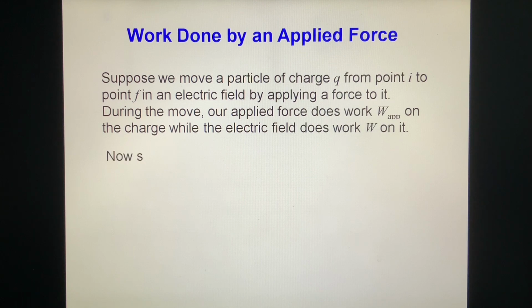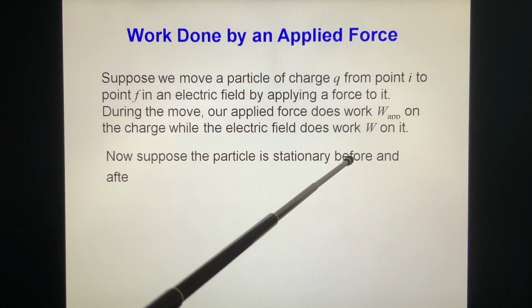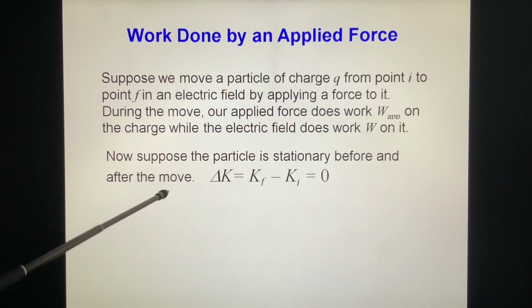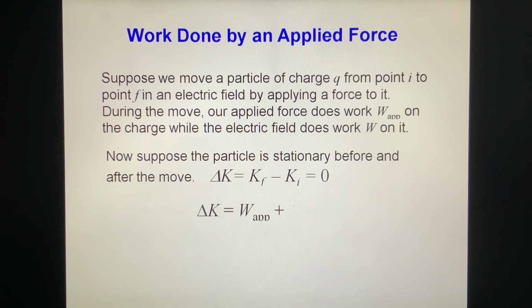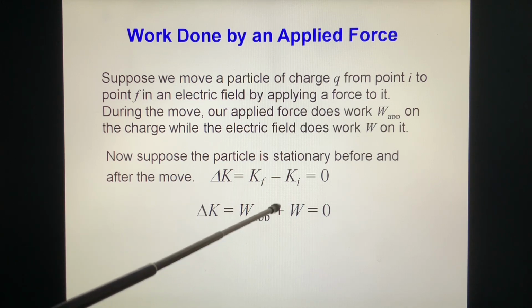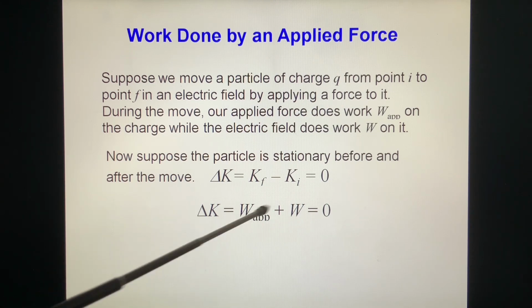Now, suppose the particle is stationary before and after the move. That means delta K is 0, nothing changed. Then from energy conservation, delta K equals the work by the applied force plus the work by the electric field. It should be 0.